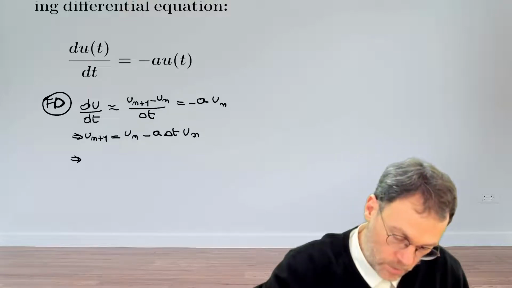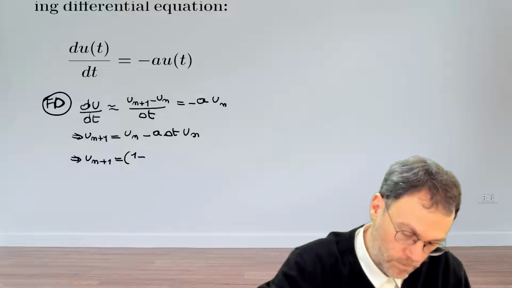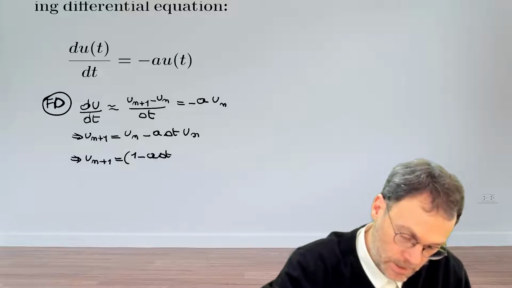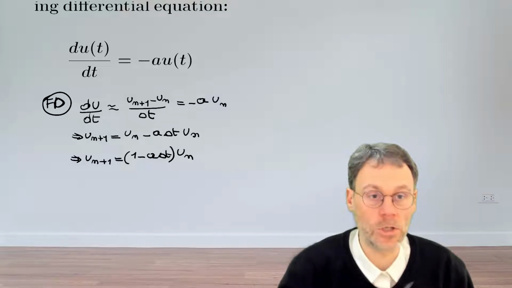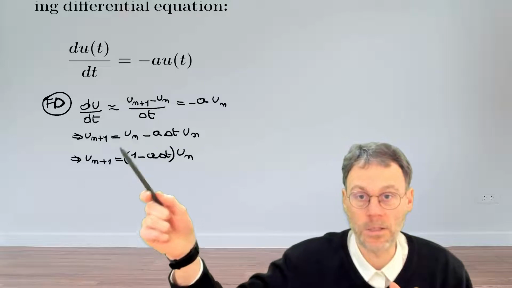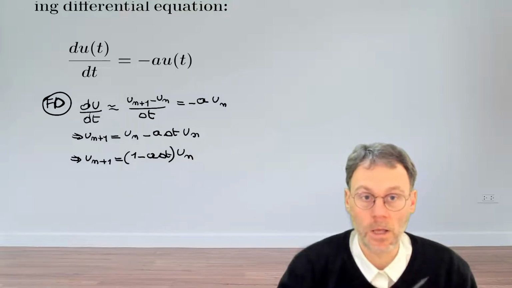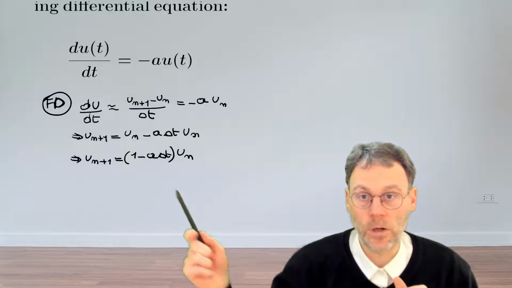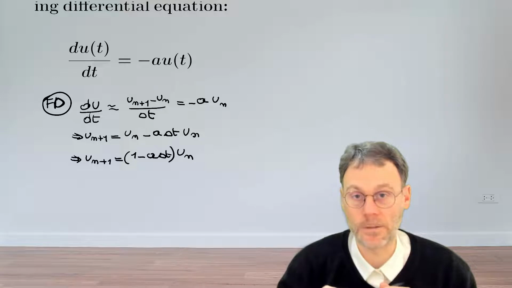So finally, u^(n+1) is (1 minus a delta t) multiplied by u^n. This shows you how to move from the current time step to the next simply by multiplying by this constant. This method, which we construct from the forward differences, is called the forward Euler method.